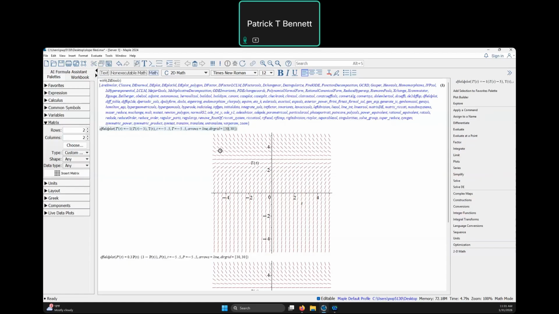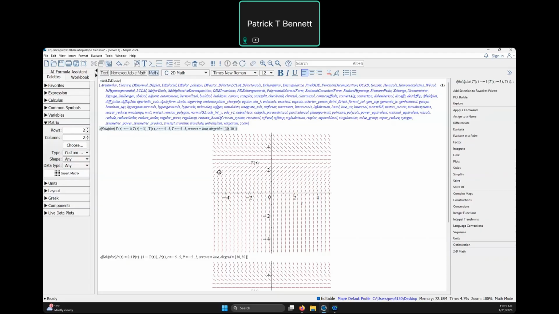Of course, this is an autonomous differential equation. So the differential equation has no dependence on little t, meaning that it makes sense that as I scan from left to right, if I look at any horizontal section, what I see is the same slope over and over again. If I scan vertically, then I see different slopes, but if I scan horizontally, it's always the same.